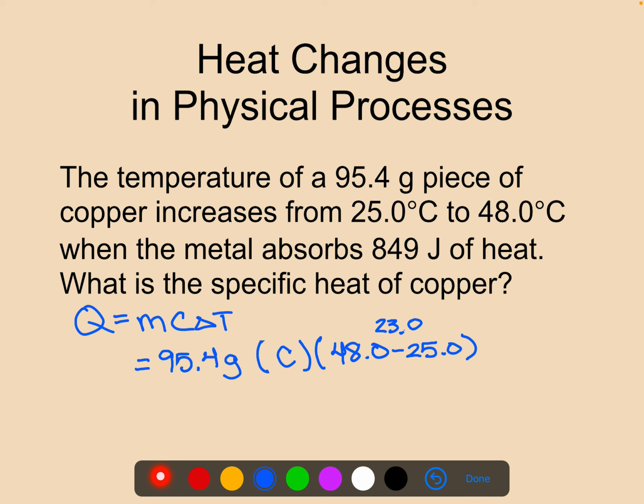And then it tells us that is whenever the metal absorbs 849 joules. And remember, absorbing energy is going to be a positive Q value. So whenever we are trying to solve for C, we have to divide by the 95.4 and divide by that 23.